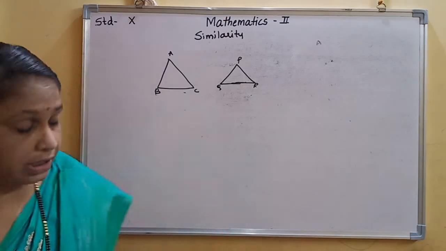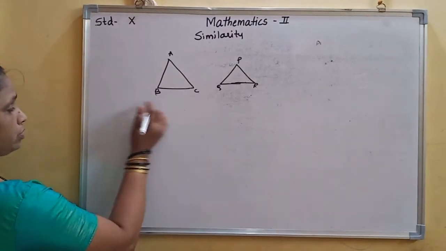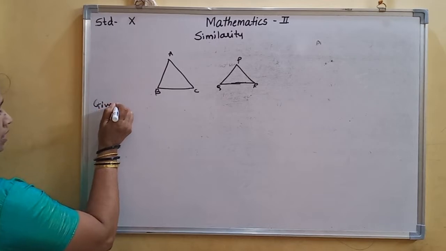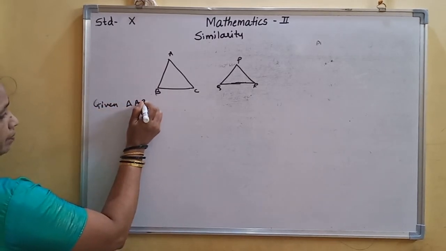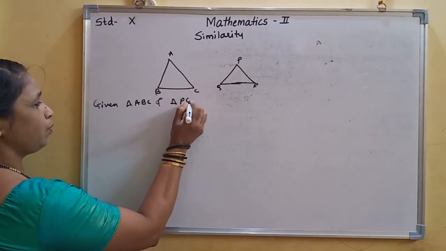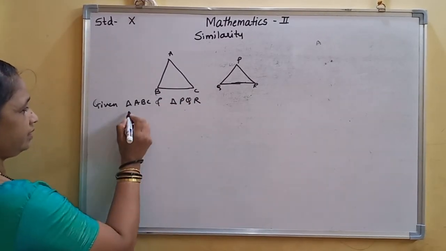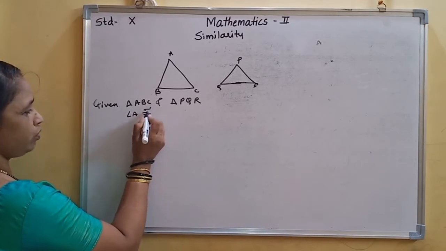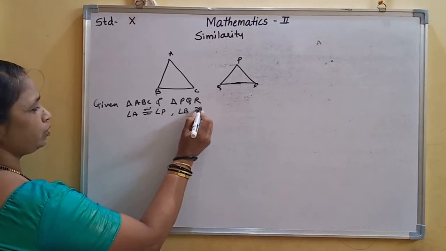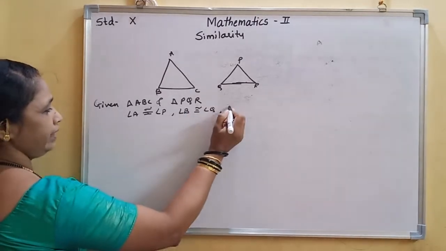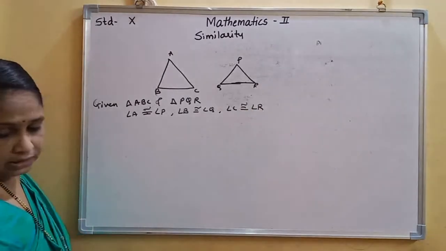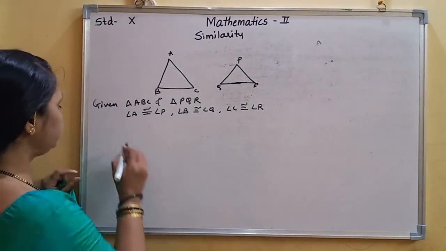Now what is given? Given: in triangle ABC and triangle PQR, angle A is congruent to angle P, angle B is congruent to angle Q, and angle C is congruent to angle R. This is given.